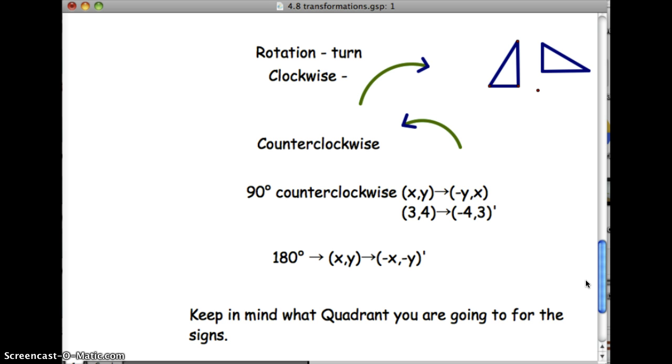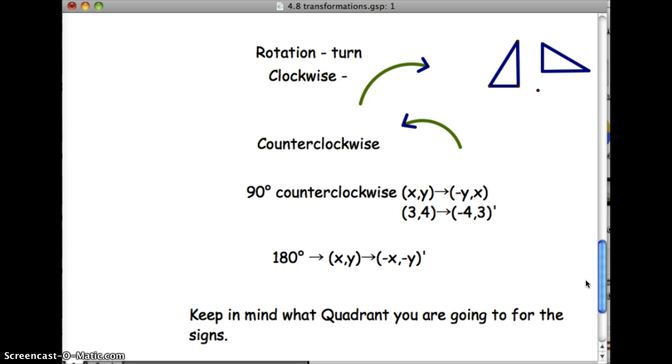What happens when you go clockwise, or counterclockwise? What happens from the original to the new point? They switch. It ends up being the inverse, right? Because that's what the switch is. So you take this x and y value, and when you go to the new point, you switch them, and then what happens to the y value?